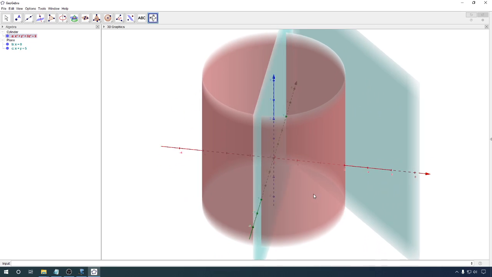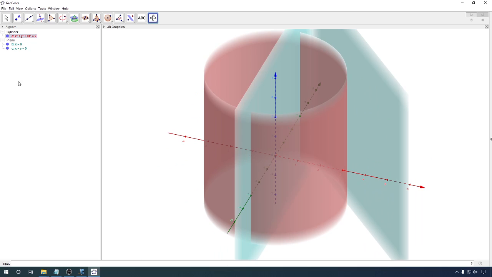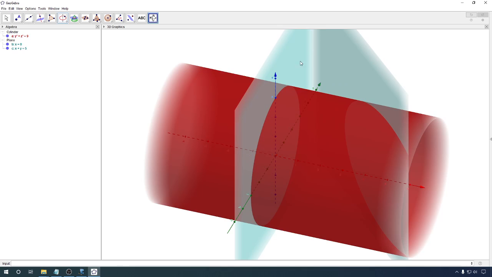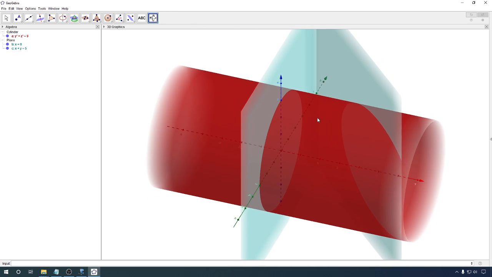Okay, I see what I did wrong here. I've got myself a little confused. The cylinder that we're looking at is not x squared plus y squared equals 9. It's y squared plus z squared equals 9. Okay, that makes a little bit more sense to me.